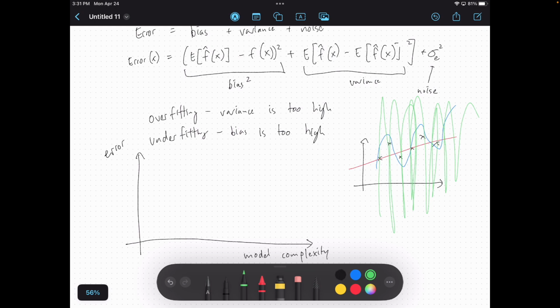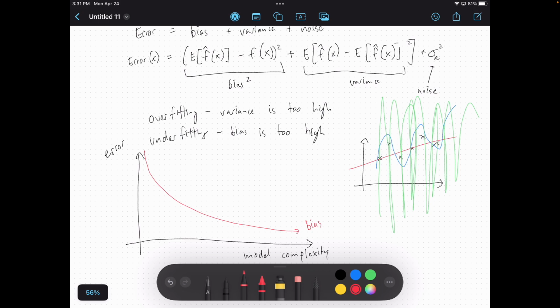Well, actually my bias term decreases as I have more and more model complexity, right? Because I'm doing less and less underfitting. I can get closer and closer to my points.